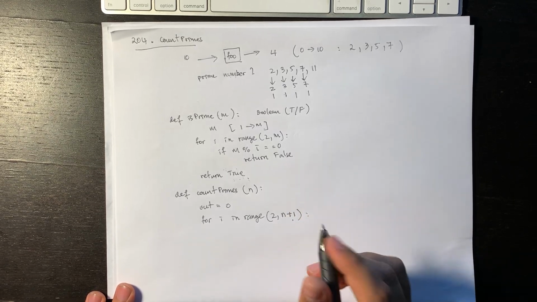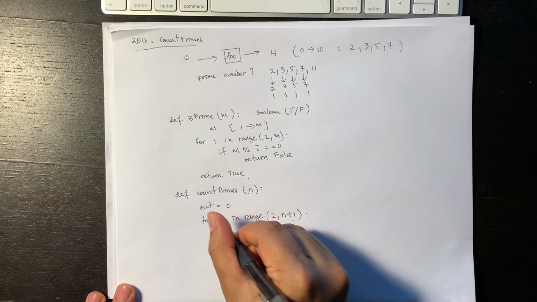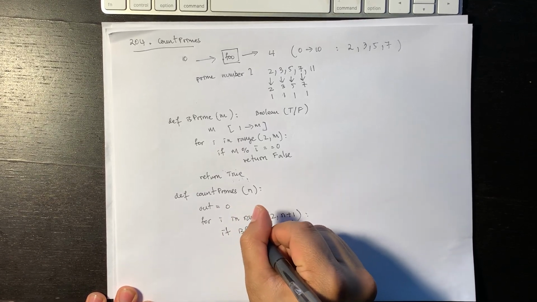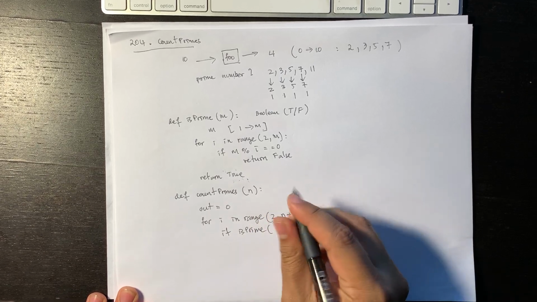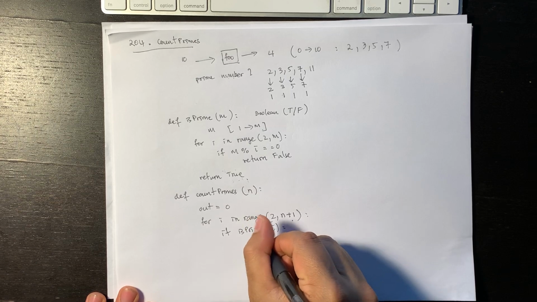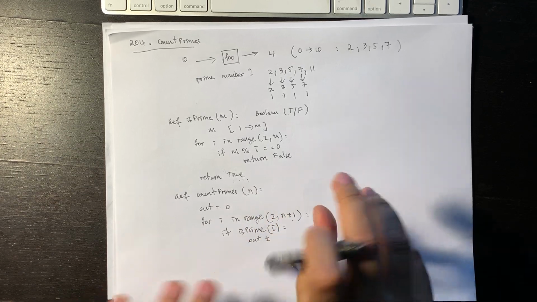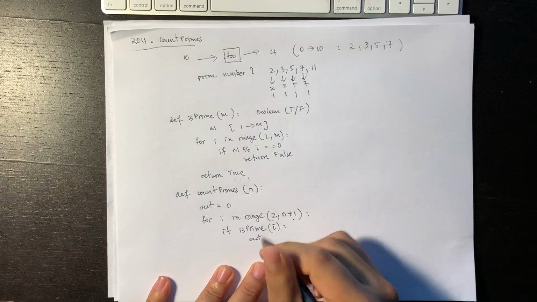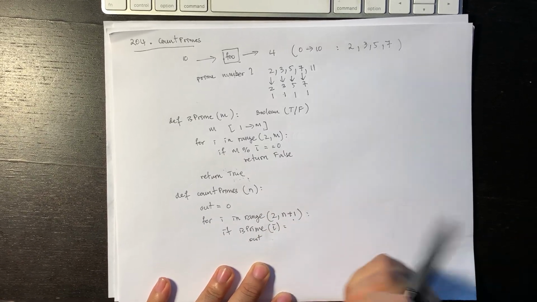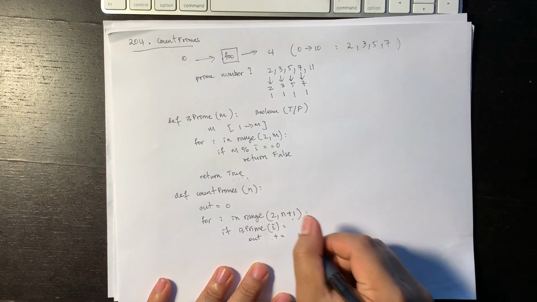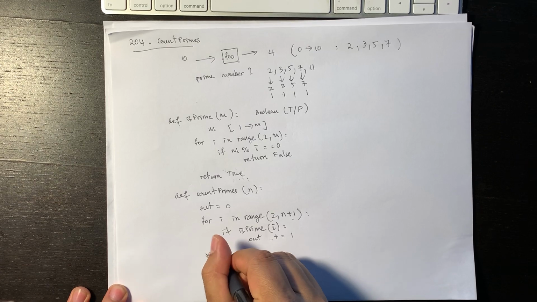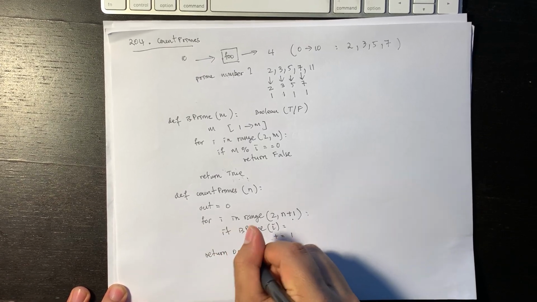So if is_prime, I want to do out plus equal one, and then return out.